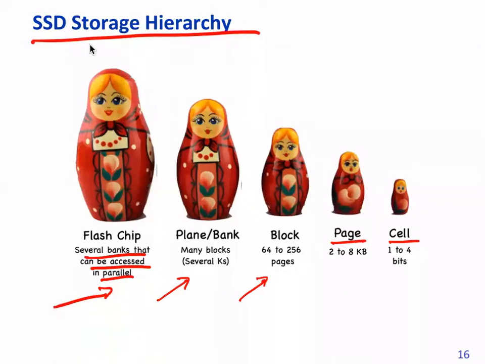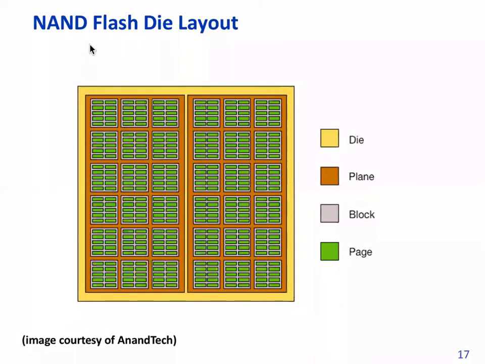The numbers given here are as follows. Each block consists of 64 to 256 pages. Each page consists of 2 to 8 KB of cells, and each cell contains either 1 bit or say 4 bits. This is another way of looking at it.